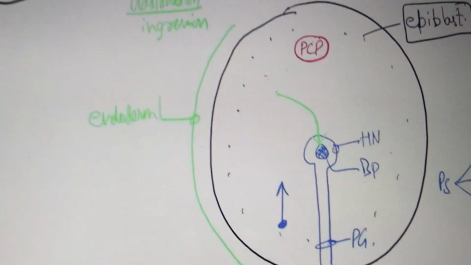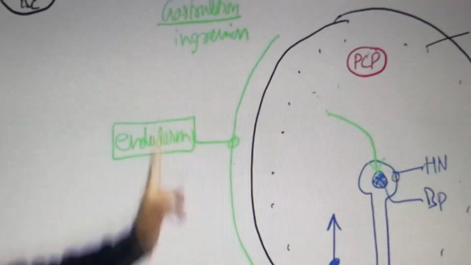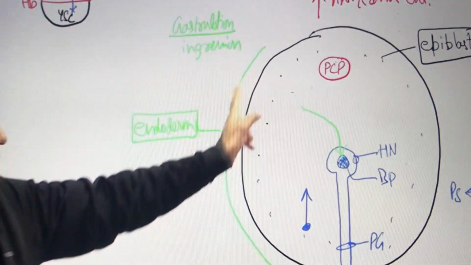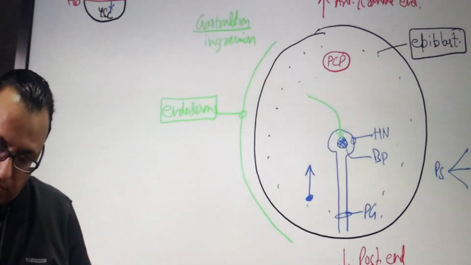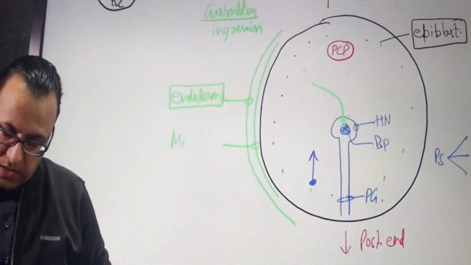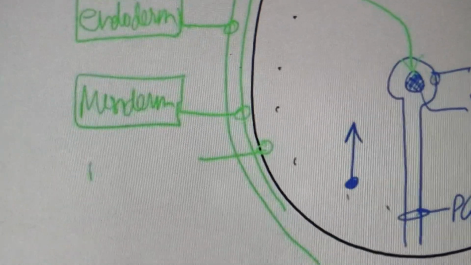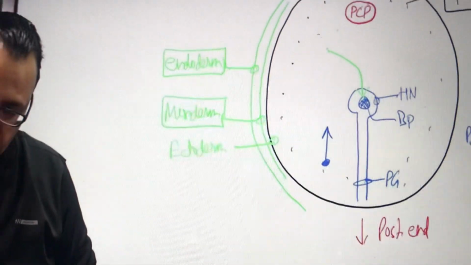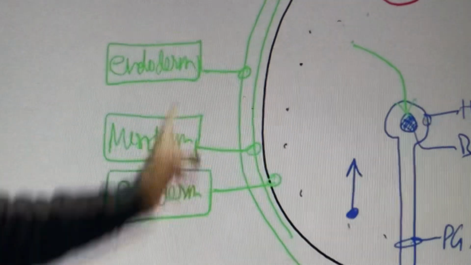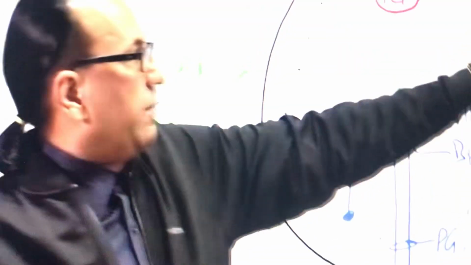But they continue moving downward and then form another layer, the middle layer, the mesoderm, which you can show here. And then the epiblast cells which are not migrating at all will convert themselves into the ectoderm. This is the formation of three germ layers in the third week from the epiblast cell.